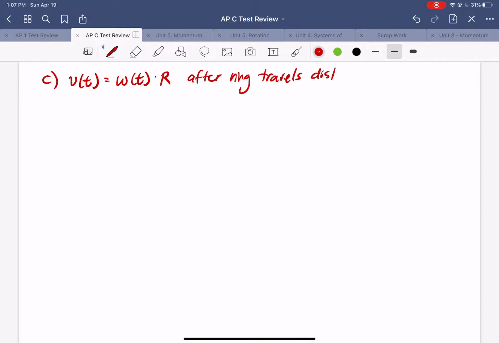I'll write this after it travels the distance L, because of course this equation is not true for every value of t, it's true for some specific value of t that we're trying to find. Okay, so I can just plug in the equations that we got in the previous parts, and then I'll just replace t with some capital T.